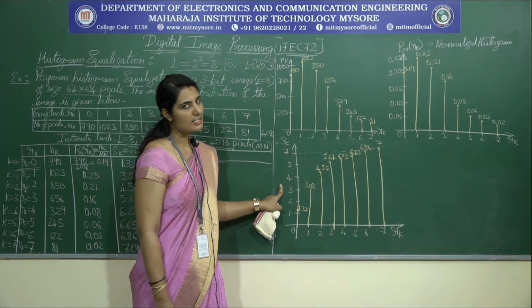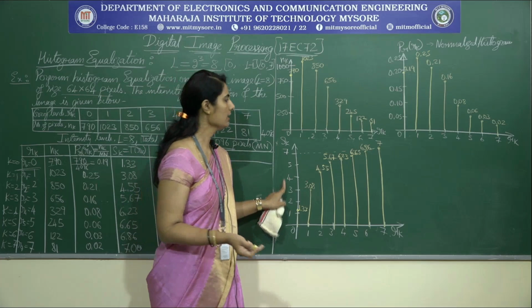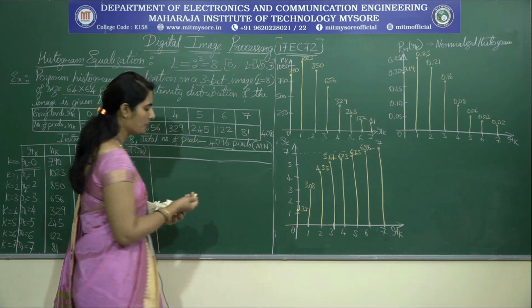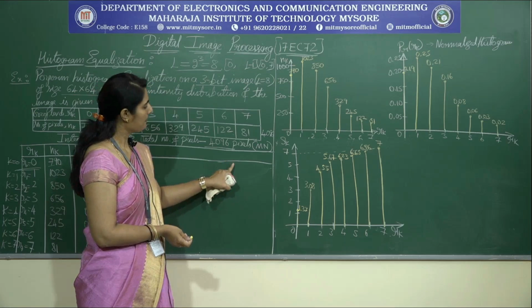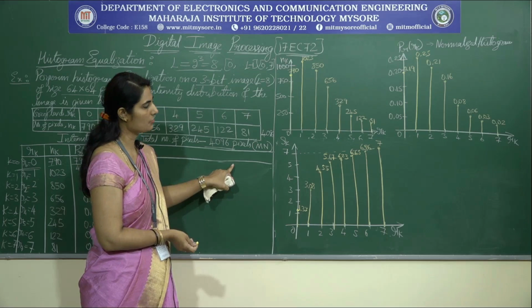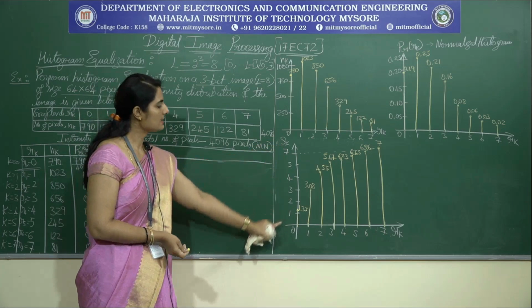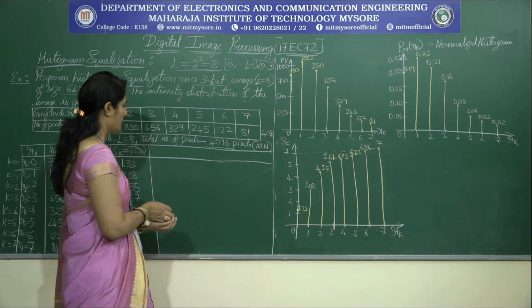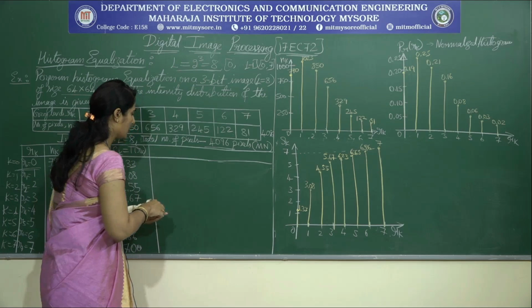Now using this transformation function, I have to plot histogram equalization. Okay. So first, to plot the histogram equalization of PS, that is the output probability density function versus Sk, we need to round up these Sk values in order to plot the graph of histogram equalization.